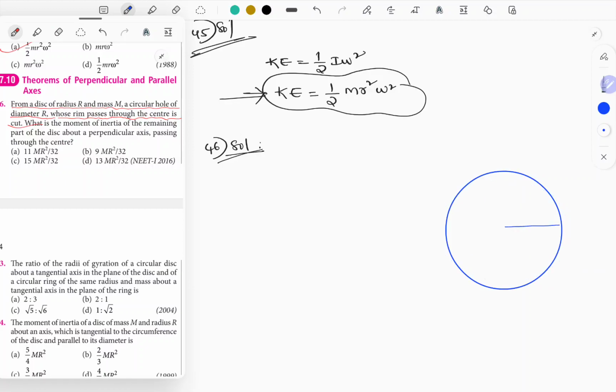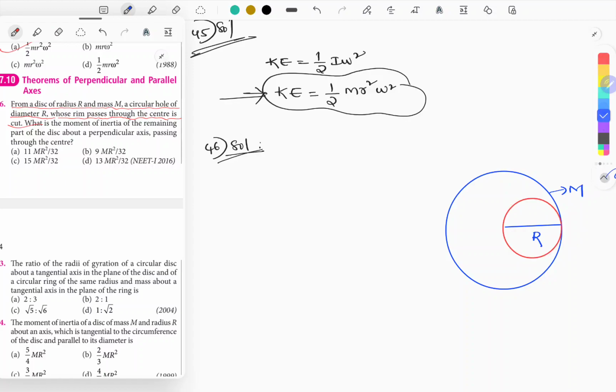Radius of this disk is going to be capital R. Mass of the disk is capital M. So a hole of diameter capital R is removed from this disk.